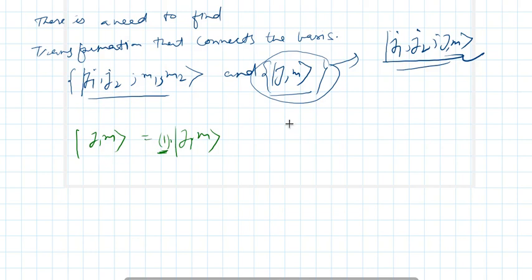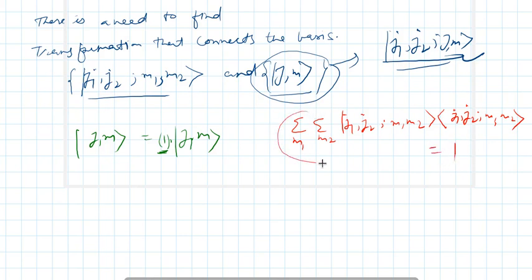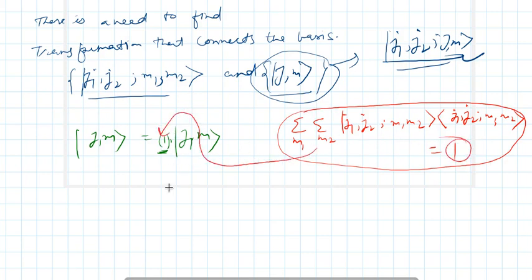I know from the completeness condition, the completeness condition states that the summation over m1, m2 of |j1, j2, m1, m2><j1, j2, m1, m2| is equal to 1. This is the completeness condition. So now in place of this 1 I will write down this whole thing, and I can write down this equation for |j, m>.